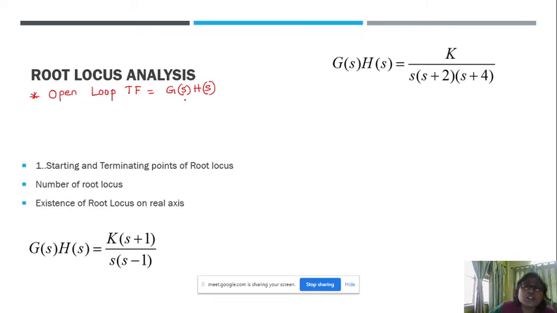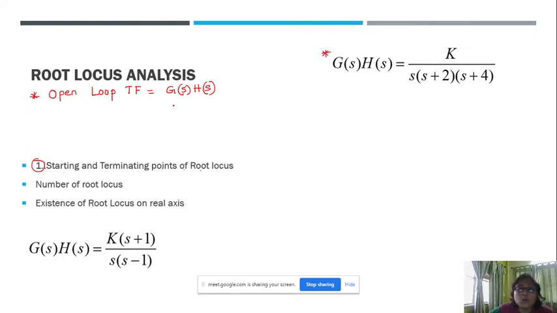But to draw the root locus, we need to remember certain points. The first point is this: what are the starting and terminating points of the root locus? What does it mean? So that you can understand it better, I have taken two examples. First, take this example.